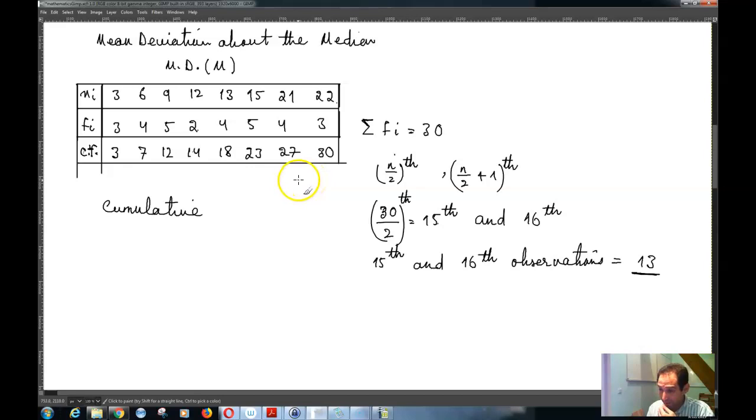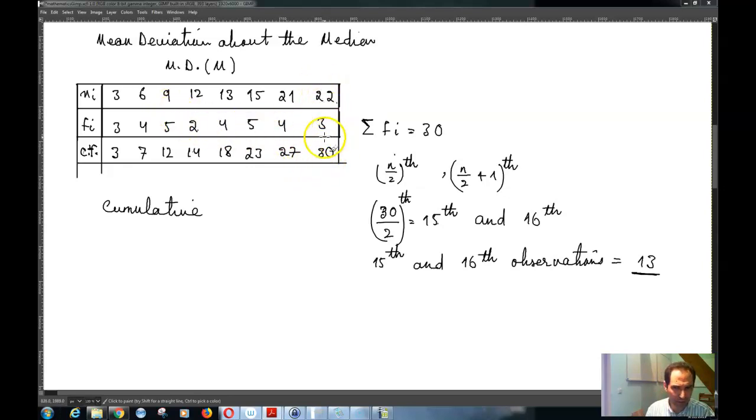Now, the way that you can use the cumulative frequency to find the median of your data easily is that, we read something about it over here, although I didn't really understand it when I read it. What we read was that to find the mean deviation about median, we find the median of the given discrete frequency distribution.